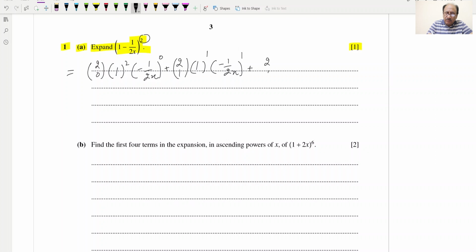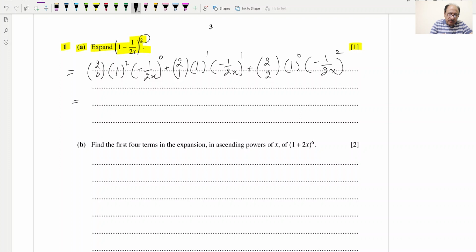Similarly, the next term will be 2C2 and 1 raised to the power 0 and minus 1 over 2x raised to the power 2. So we are increasing the power of this one and decreasing the power of this.